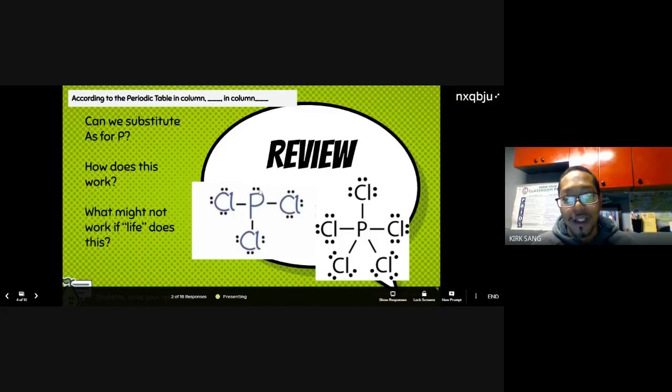Phosphorus is able to share electrons with 2 more chlorine atoms. Notice these 2 lonely electrons at the top of phosphorus. It's able to share each of those electrons with another chlorine, and each chlorine needs only 1 valence electron to complete the outer number of 8 valence electrons. So if you got either, you will be correct.